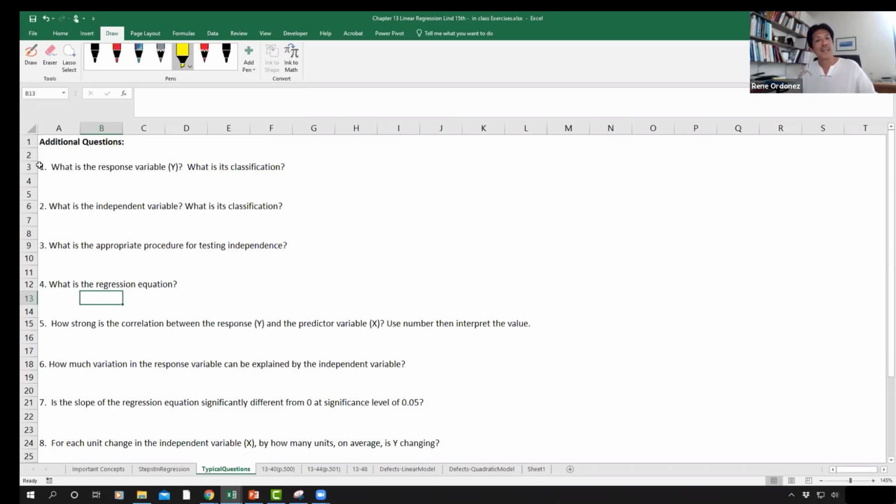So we've already talked about number one here. What is the response variable? What is its classification? So in those three research question examples we did, we pretty much answered 1 and 2, including number 3. So number 4 is when it says, what is the regression equation?